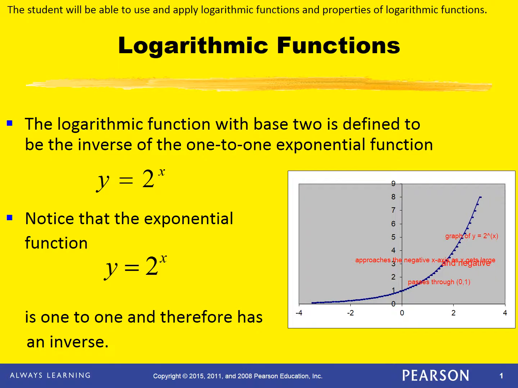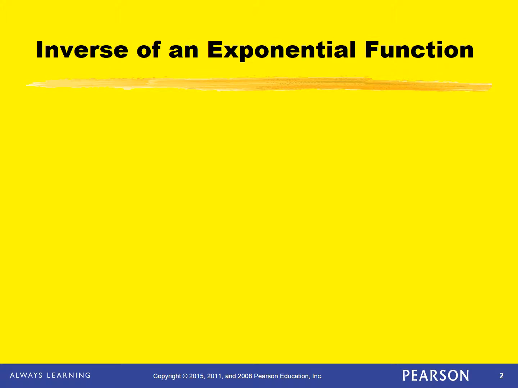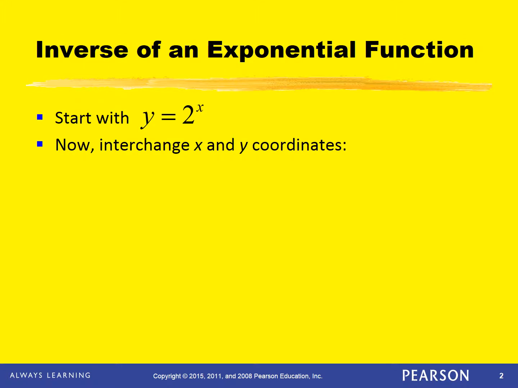And it is one-to-one. It passes the horizontal line test, so it does have an inverse. So to get the inverse, of course, we are going to switch x and y.